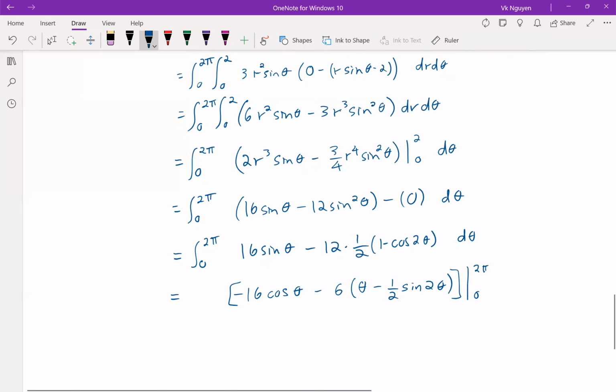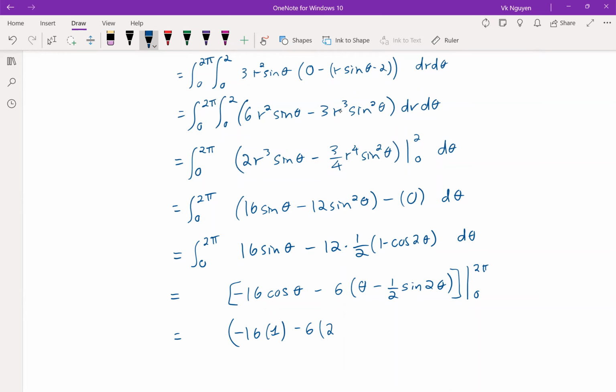Okay. Woo. See what do we have here? We have cosine of 2 pi is 1, right? So negative 16 times 1. I just do the direct substitution in here, so it's not going to be like last time. Minus 6 times 2 pi minus 1 over 2 sine of any multiple of pi is going to be 0.